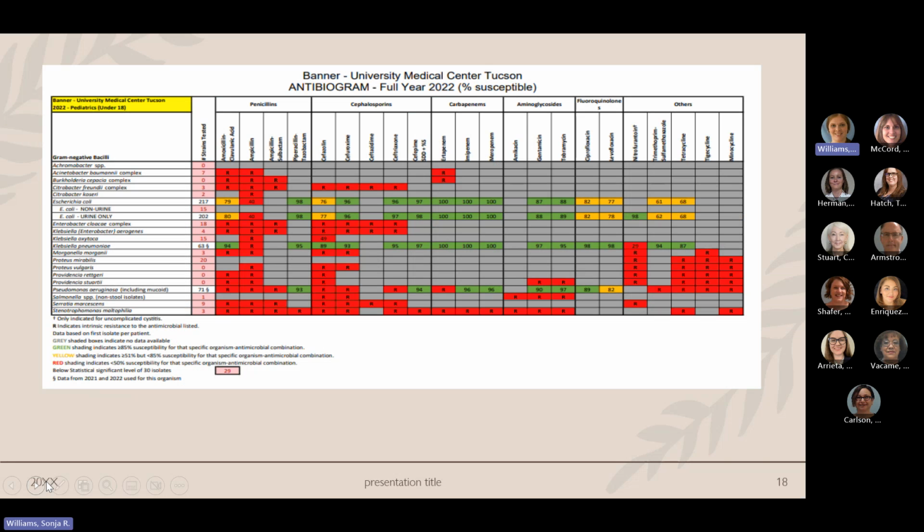This is just the second page of the antibiogram, and this is the one that shows ciprofloxacin. Hold on, I'm trying to find it.